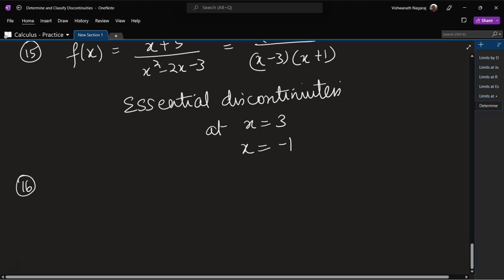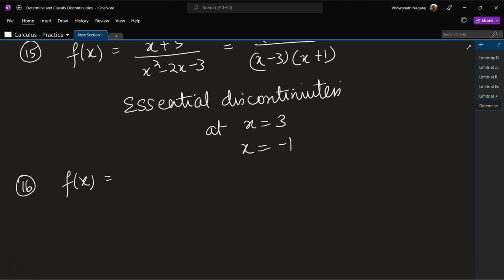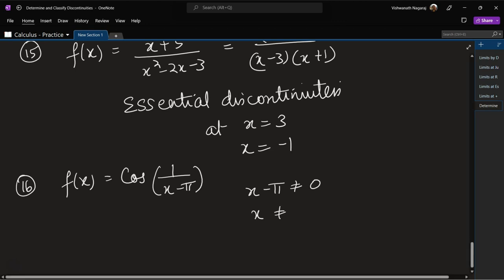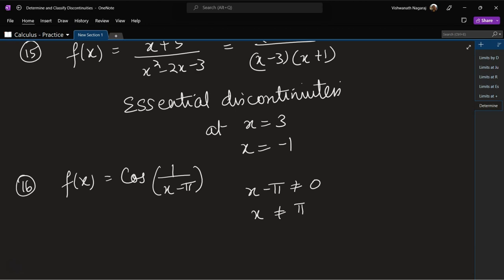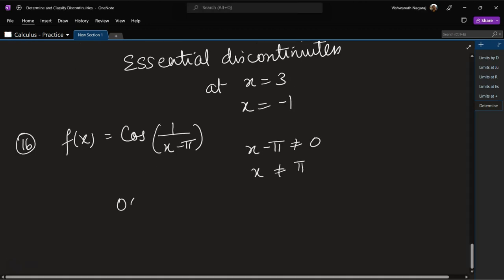Okay, 16th one, f of x is equal to cos of 1 by (x minus pi). Again, x minus pi cannot be equal to 0, which means x cannot be equal to pi. Pi minus pi is 0, right? So there is an oscillating discontinuity at x equal to pi.